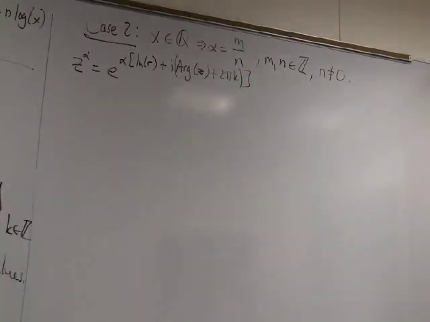Before, we broke it up and used that alpha was an integer to kill all the 2 pi k alpha i bit. We're not going to be able to do that here because alpha isn't an integer.